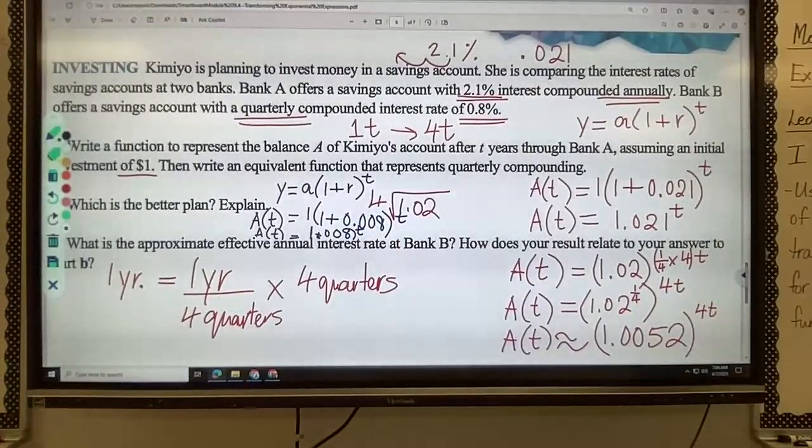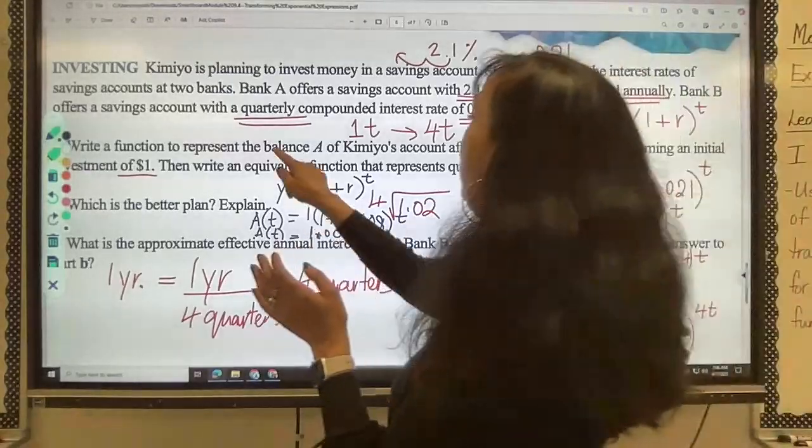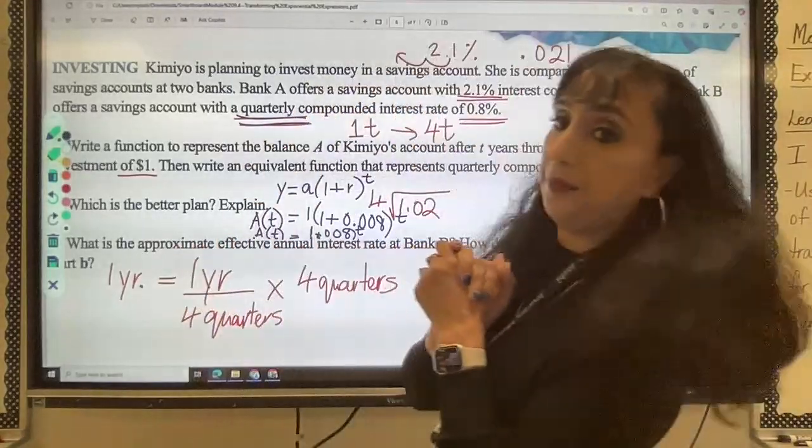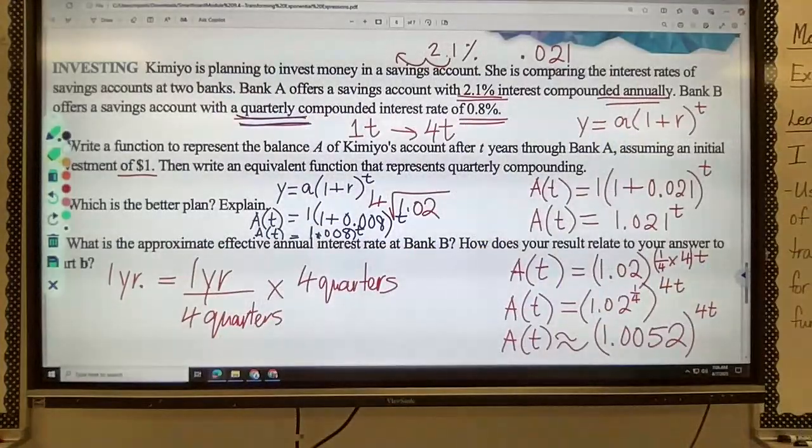Now we are going to write an equivalent function that represents one compounding per year. We know that this one is being done quarterly. So we need one compounding per year.